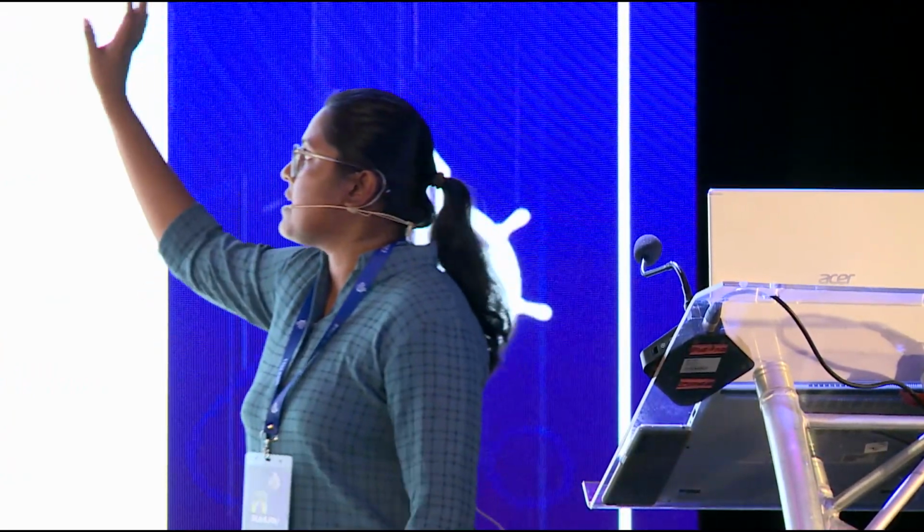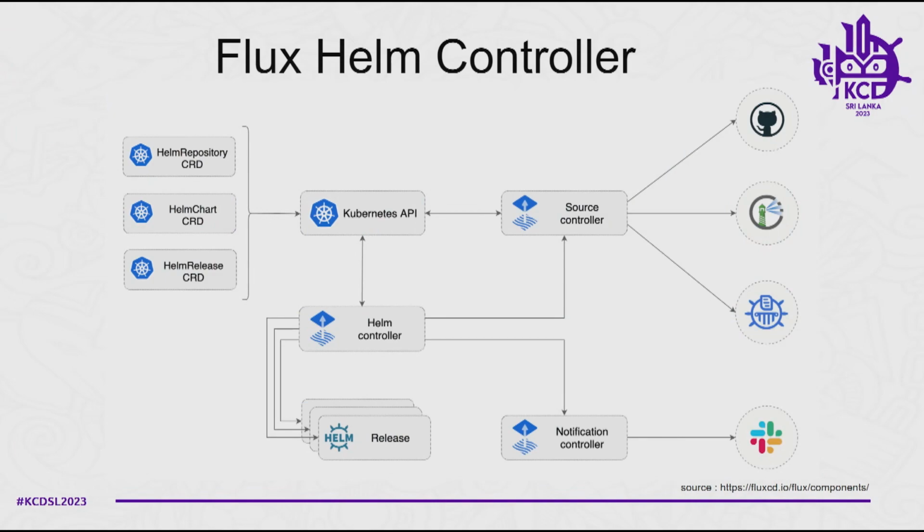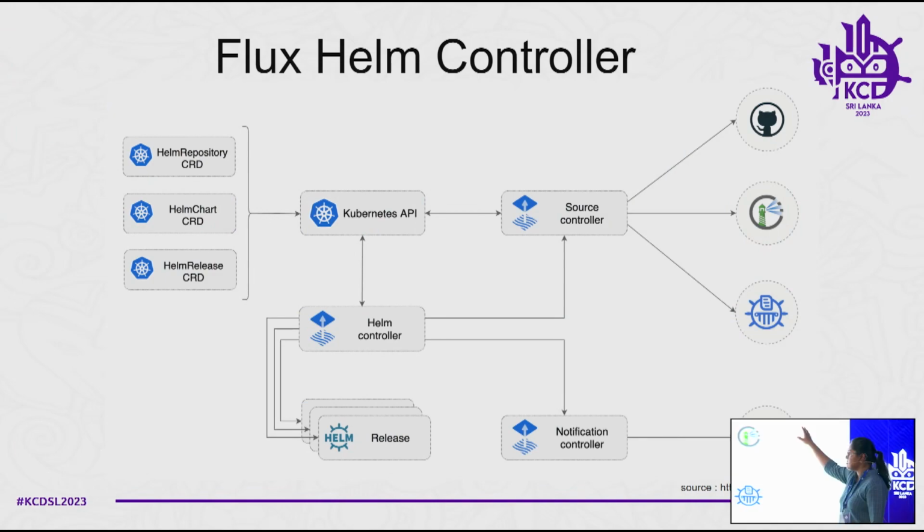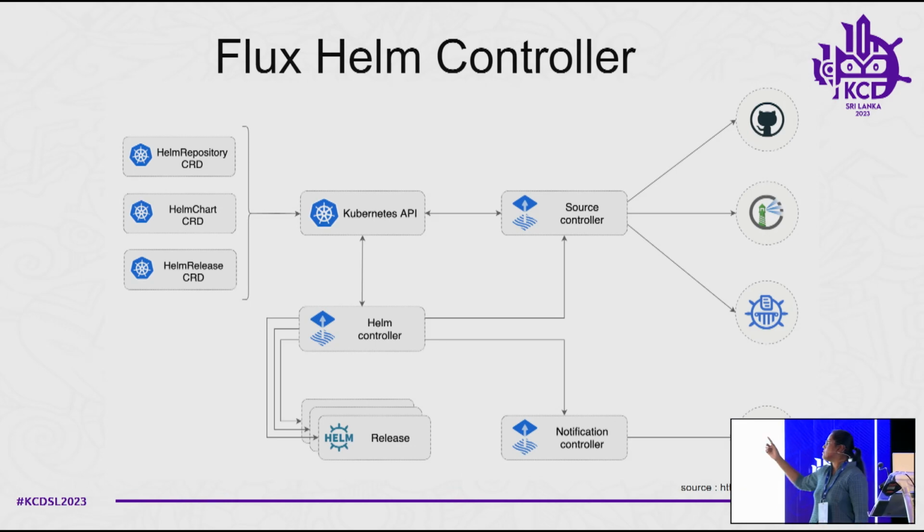Those CRDs are stored in these Git repositories, and when any change happens in those repositories, like we can have new code, the source controller is notified, and then it notifies the Helm controller about the new CRDs, and those CRDs are going to be applied to the cluster through the Kubernetes API.